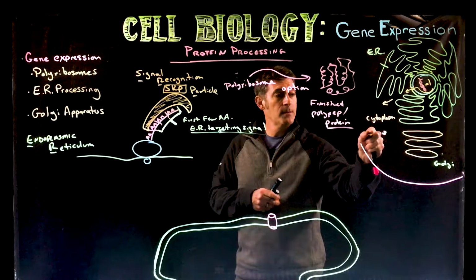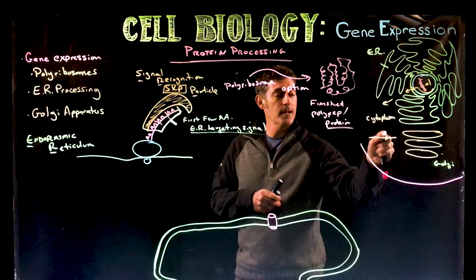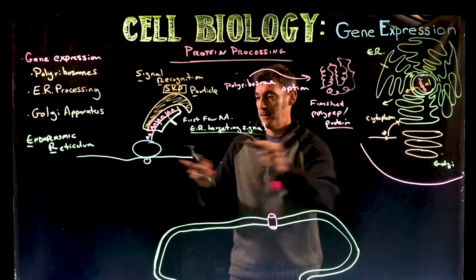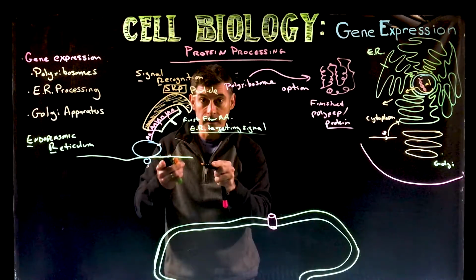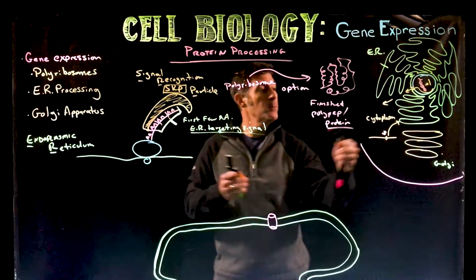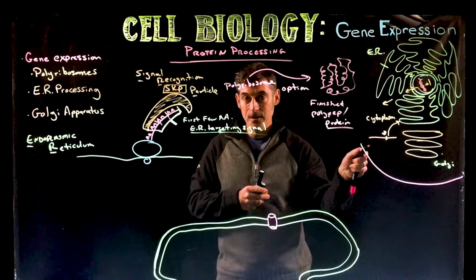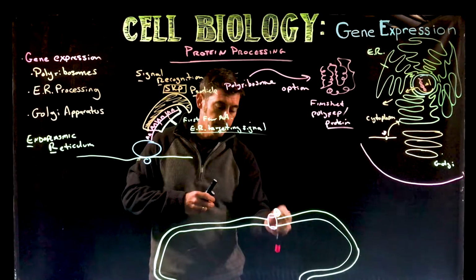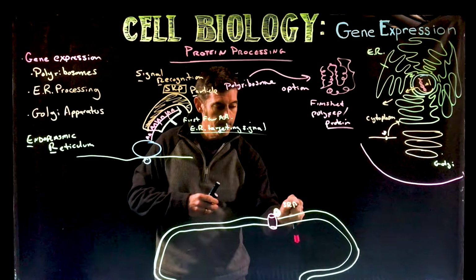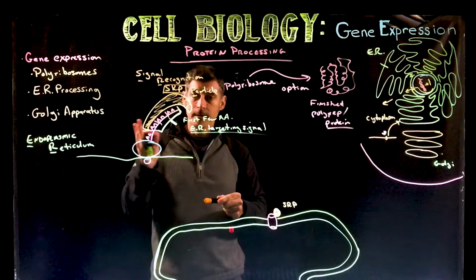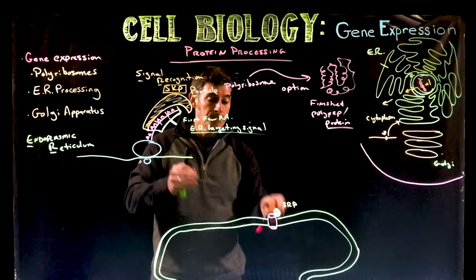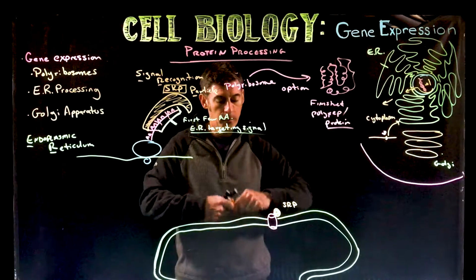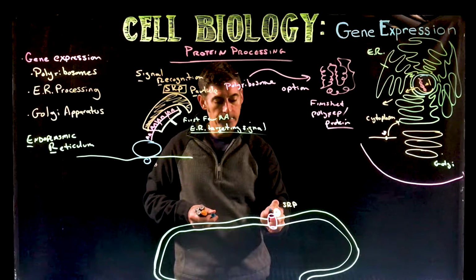As protein synthesis is occurring out here in the cytoplasm, the signal is produced, and then this whole process, the ribosome, the messenger RNA, all of it is going to be moved to and attached to the ER membrane. The signal recognition particle is going to help guide this ribosome to the ER, and specifically to a pore within the ER, which has a receptor for it.